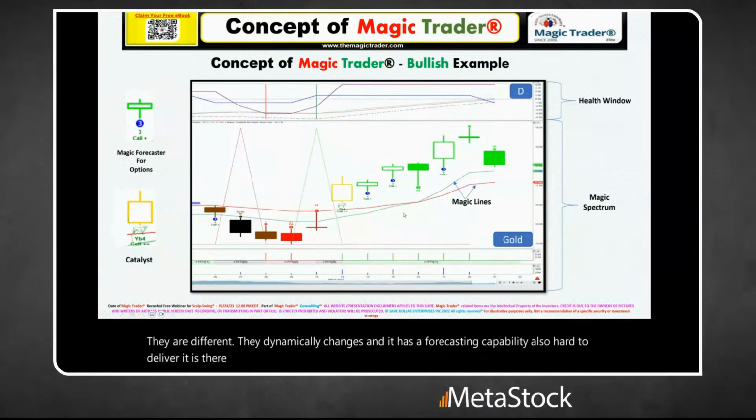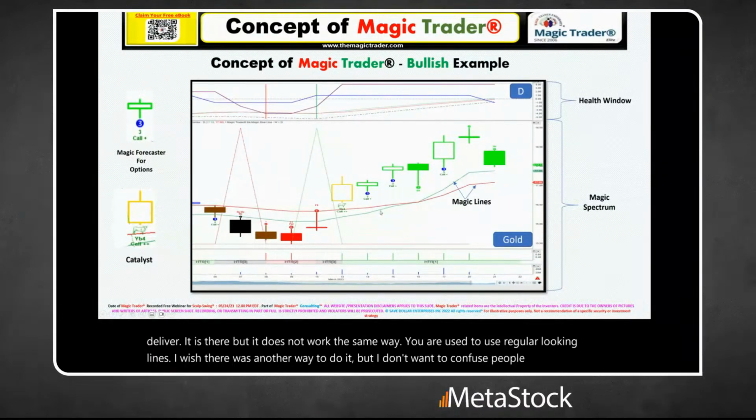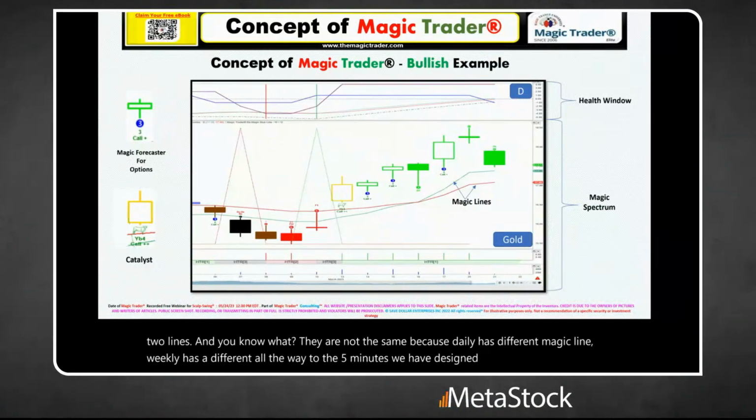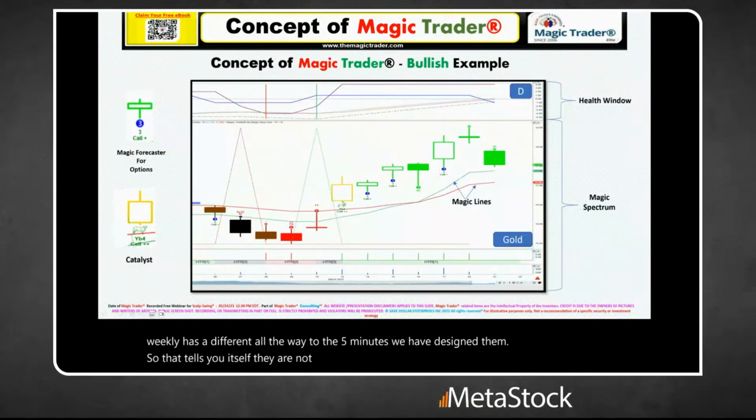But it does not work the same way as the regular-looking lines you are used to. I wish there was another way to do it, but I don't want to confuse people between these two lines. And you know what? They are not the same, because daily has a different magic line, weekly has a different one, all the way down to 5 minutes. We have designed them that way. So that tells you by itself they are not the same lines you are used to.